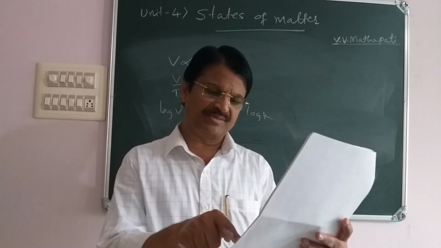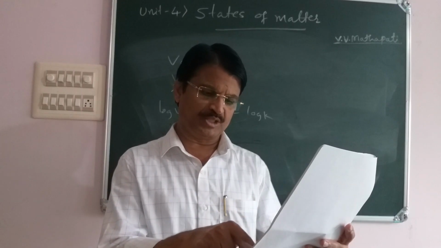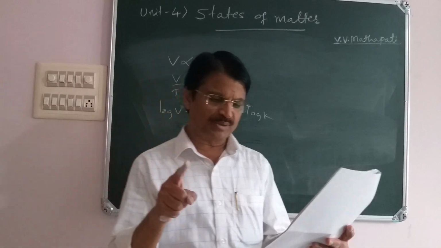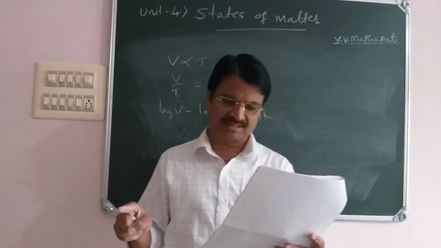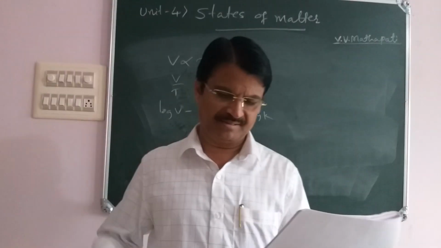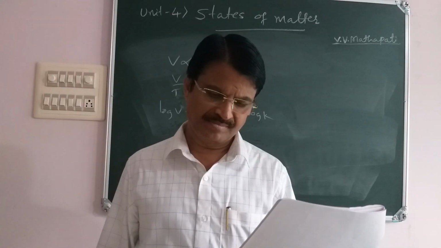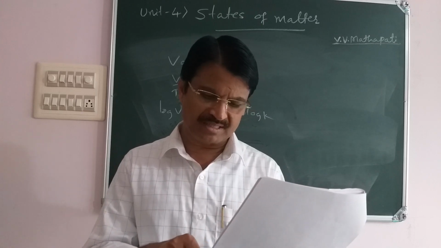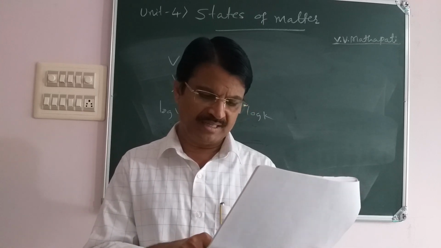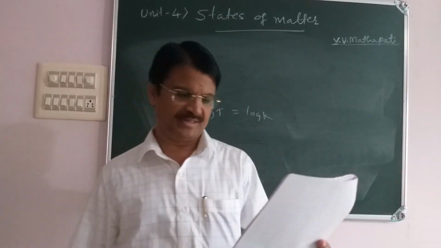Given van der Waals constant A for ammonia, H2, CO2 and so on are respectively 4.17, 0.244, 1.36, 3.59. Which one of the following gases is most easily liquefied?